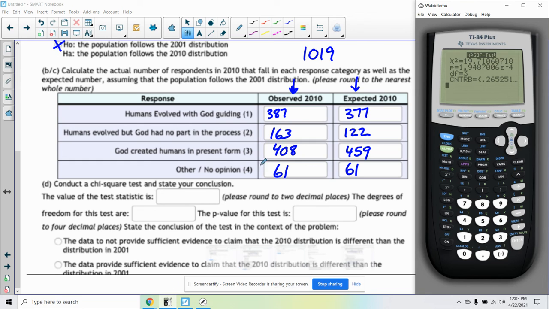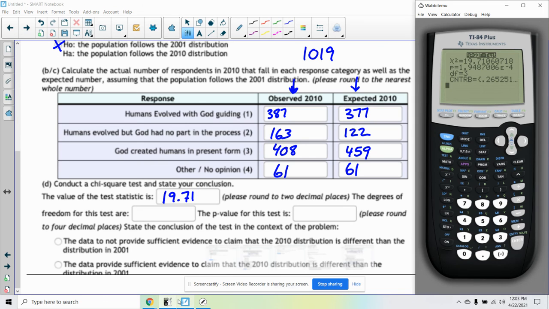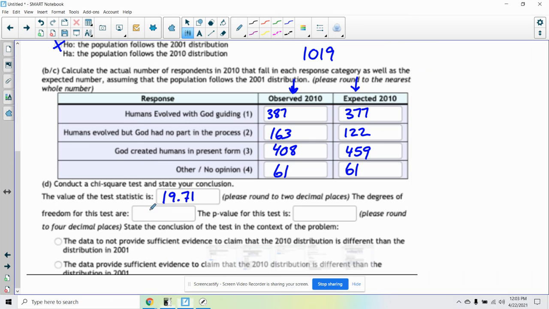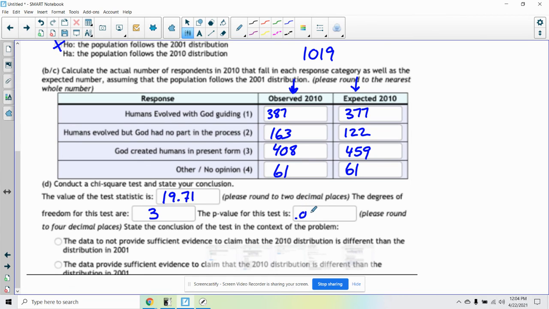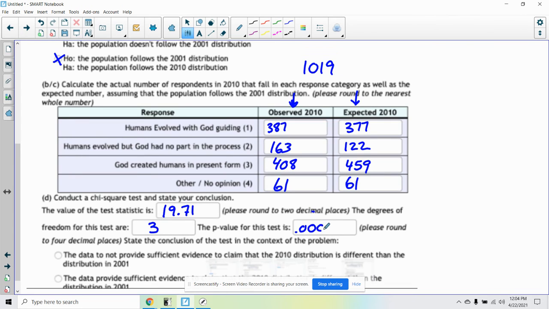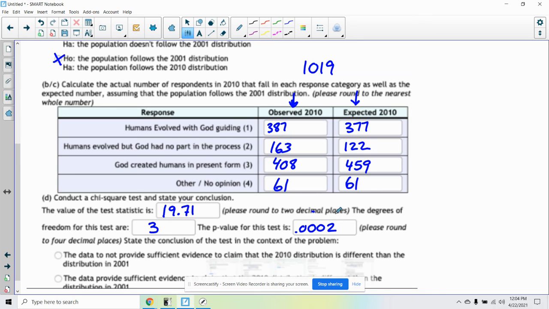Test statistic is 19.71. Degrees of freedom are, we said, 3. P-value is 1.9487 times e to the negative 4. So that's 0.00019, or it's 0.0002.